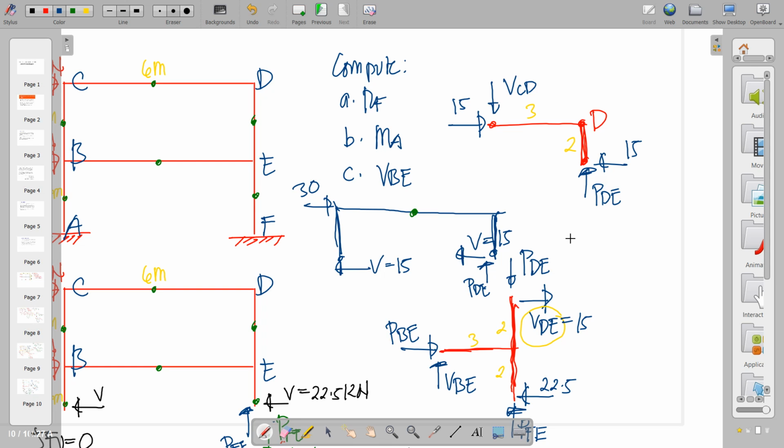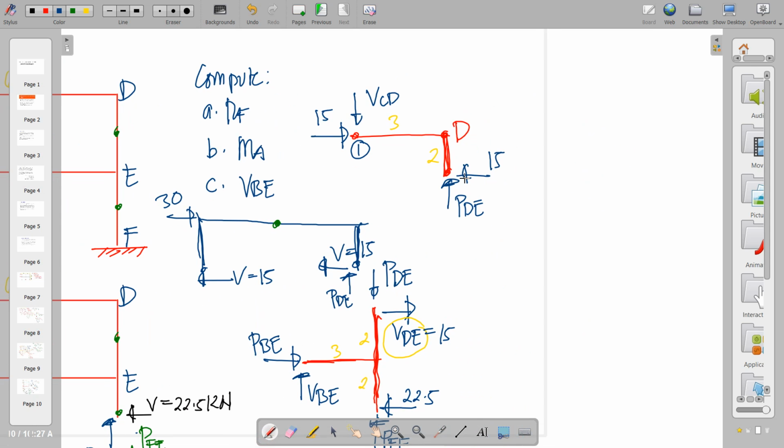Okay. So obviously we will take moments at this point. Say this is point 1. We take summation moments along 1 is equal to 0.